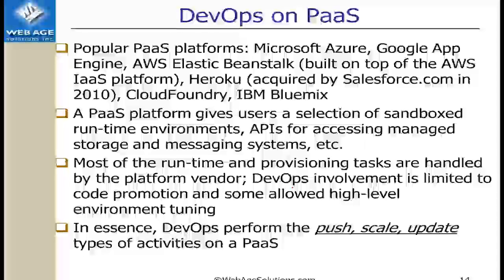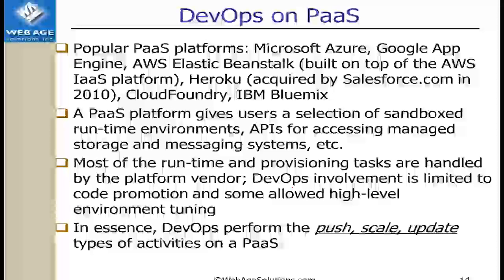As you know, a platform as a service gives you a choice of sandbox runtime environments. You can have Python, you can have Go, Google's experimental language, you can have Java, Ruby, whatever runtime your PaaS platform can give you, as well as APIs for secure access of PaaS resources.